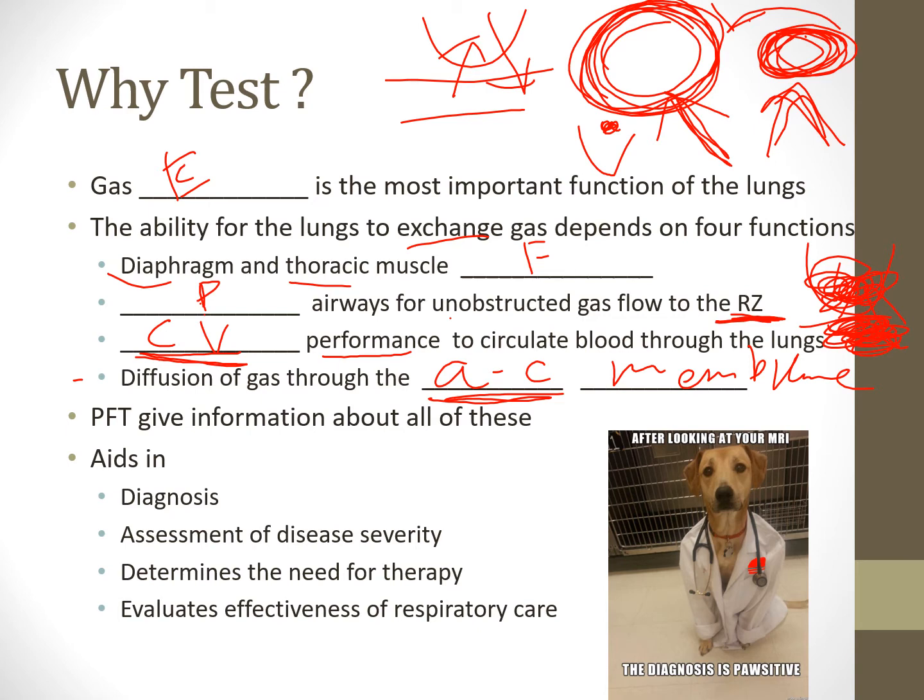Right, and even patients that undergo chemotherapy and radiation therapy can cause inflammation of the AC membrane, which means their DLCOs will be decreased. They're going to have a harder time getting things across into their capillaries because they're increasing the thickness of the alveoli.